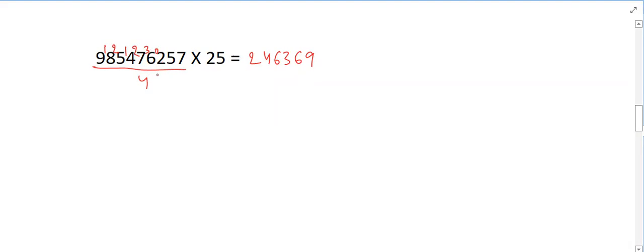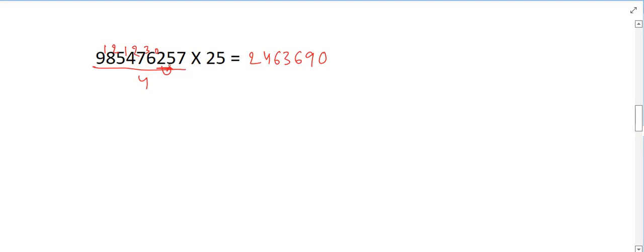We need to take the next number with this 2 to make 25. Can I take the next digit directly? No, no. If you write 0 here, then you have permission to take the next digit. Write 0 here and then you can consider 25.